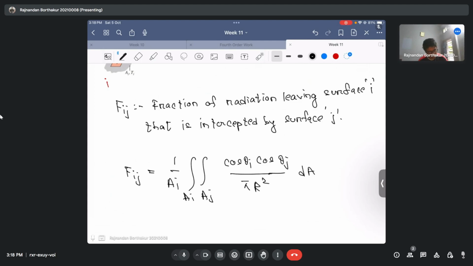This is the most fundamental definition of the view factor Fij.